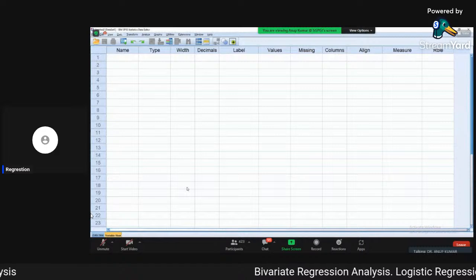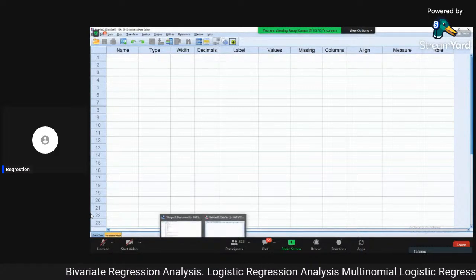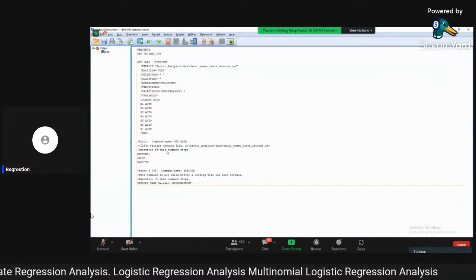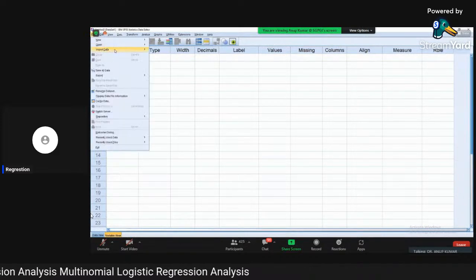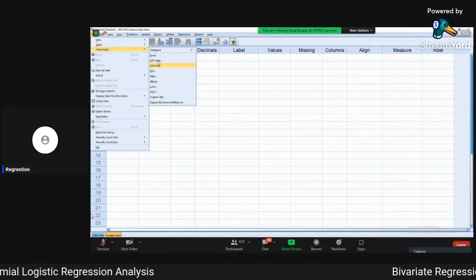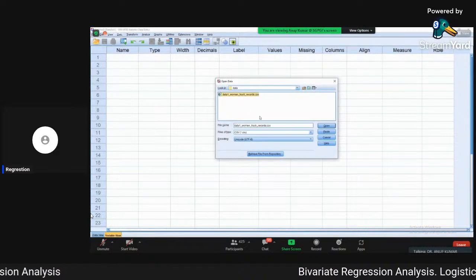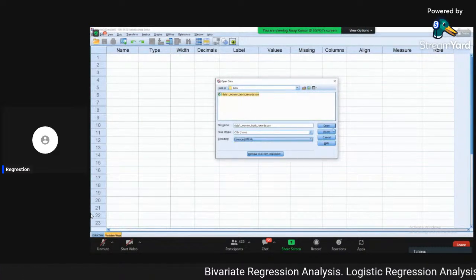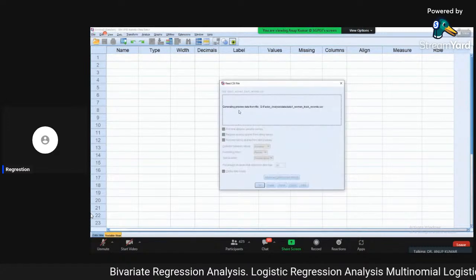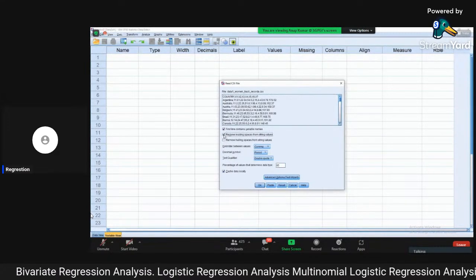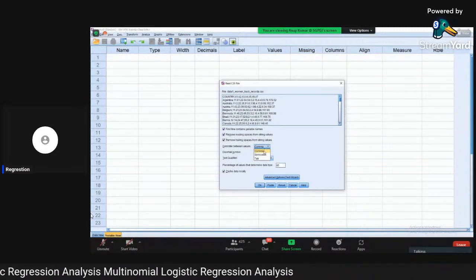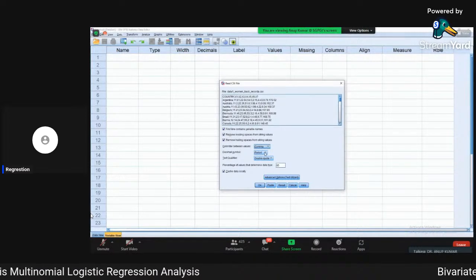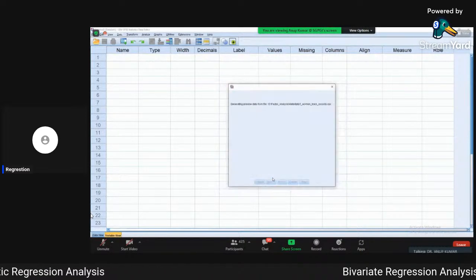Just a minute. Some problem is there. Just again. File, import data from CSV data. Open. Comma is there. Advanced text wizard.